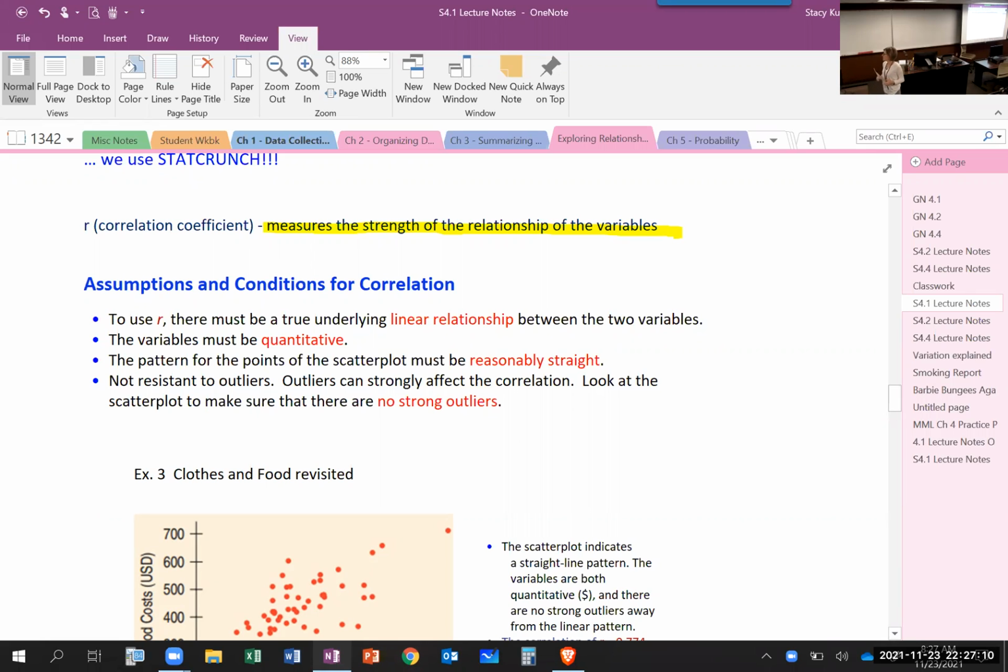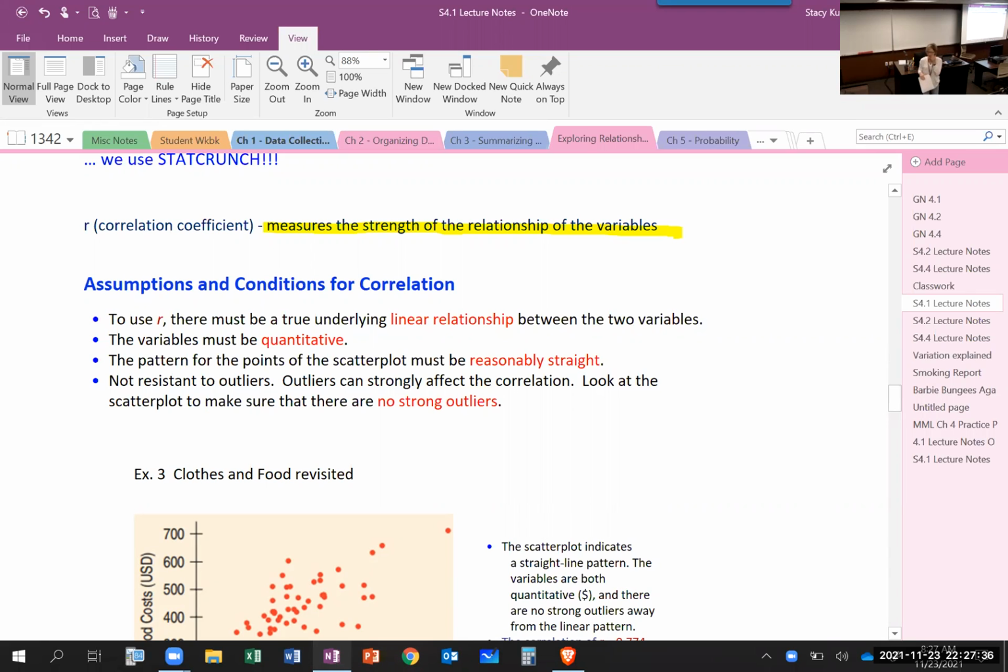So, some assumptions and conditions for our correlation. In order for us to use R, the correlation coefficient is only for linear relationships. Remember how we looked at the fact that we could have other relationships that were nonlinear, maybe curved or exponential?